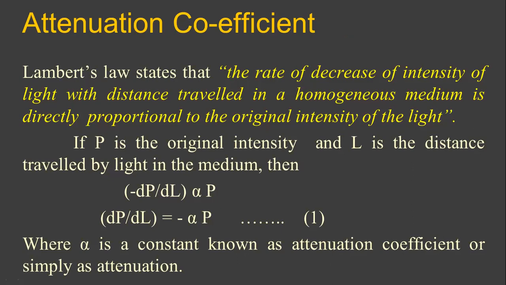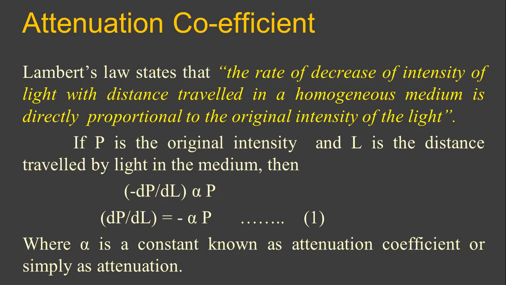Before that, I am going to define Lambert's law. Lambert's law states that the rate of decrease of intensity of light with distance traveled in a homogeneous medium is directly proportional to the original intensity of the light.